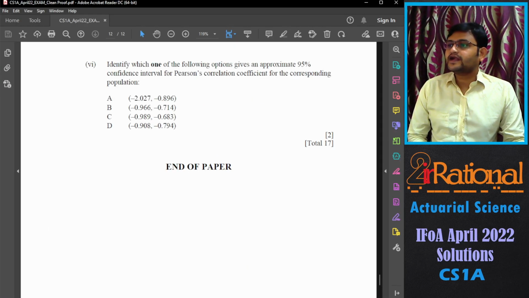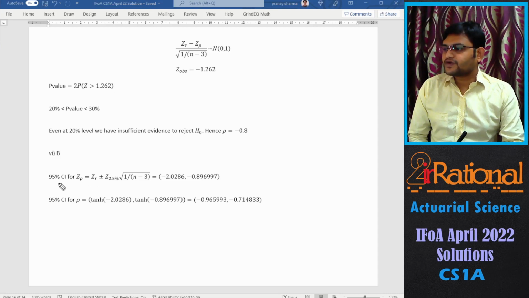Last part, identify which one of the following options gives an appropriate 95% confidence interval for the Pearson's correlation coefficient for the corresponding population. So for the confidence interval, first we'll calculate the confidence interval for this Z rho. That would be our ZR plus minus Z 2.5%, that is 1.96, under root of the standard deviation, that would be 1 by n minus 3.